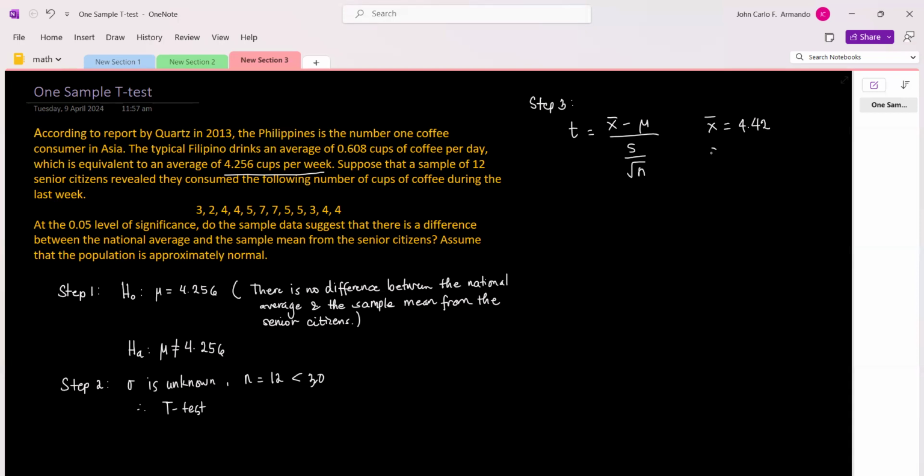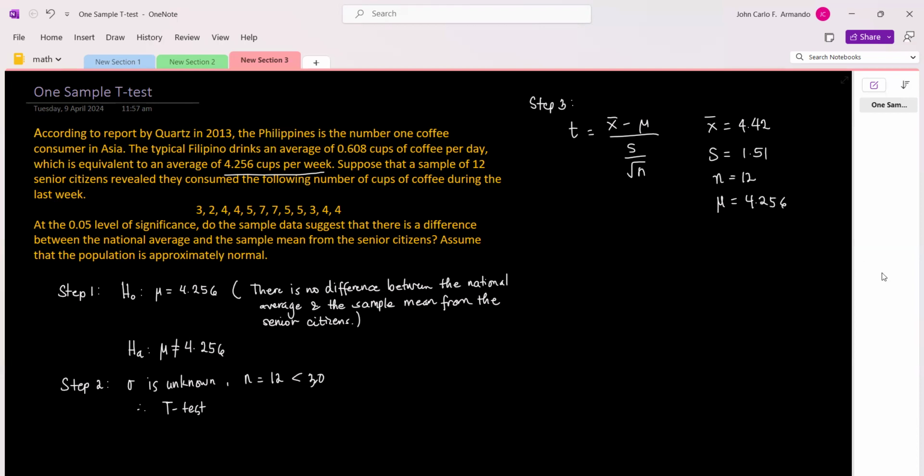So therefore, we're going to use the mean as 4.42. And for the standard deviation of the sample, shift 1, then 4, press 4, that is 1.51. And our n here is 12. And the population mean is 4.256.